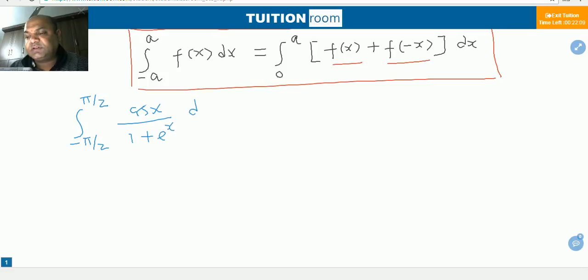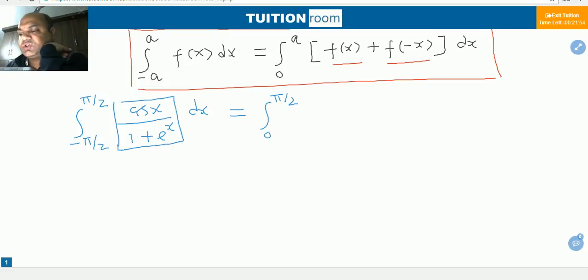Now it can be written like this, this gets cancelled. Now this can be further written as the integral from 0 to pi by 2 of cos x dx. Guys, see how the integral became very easy.